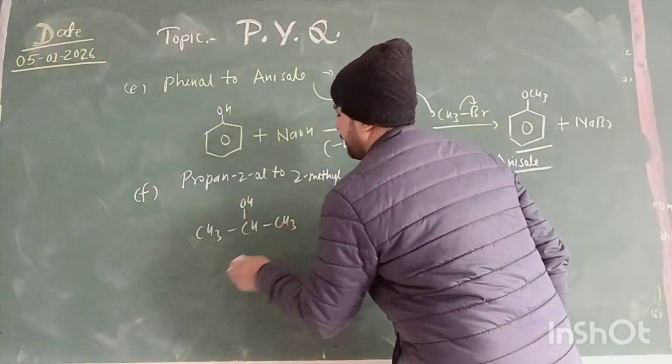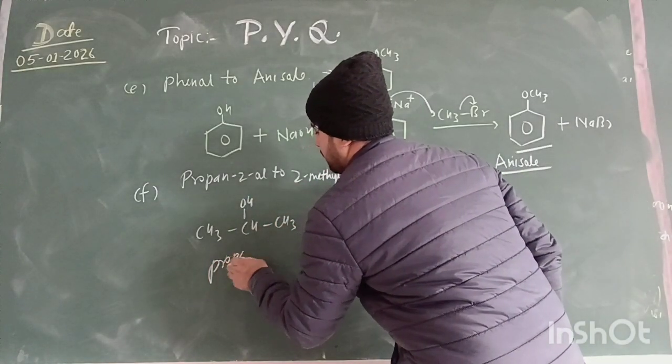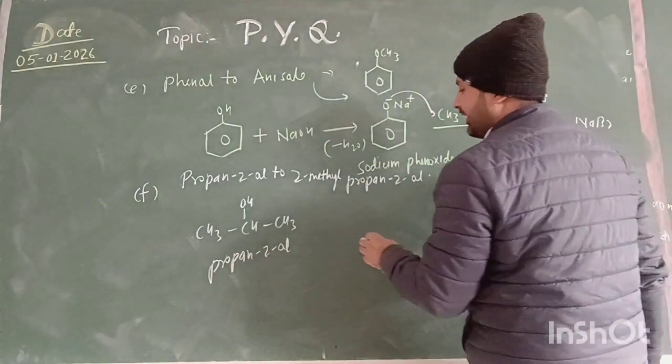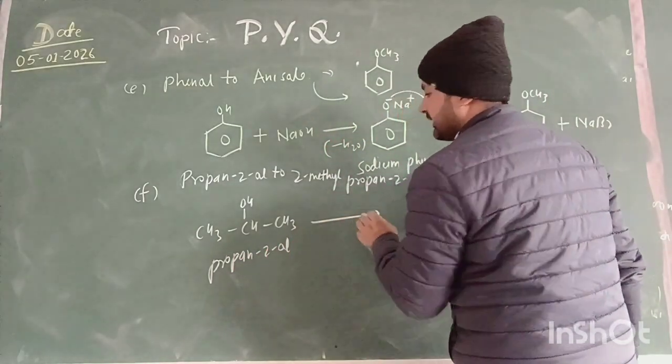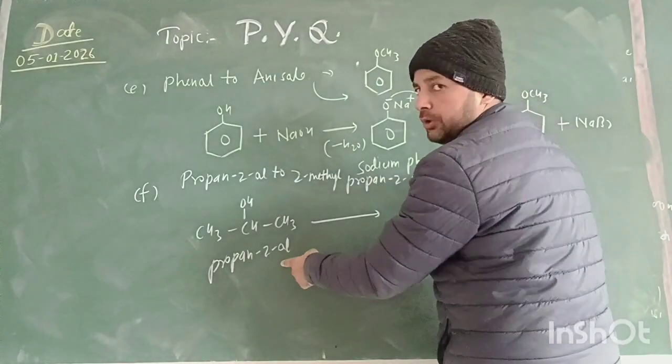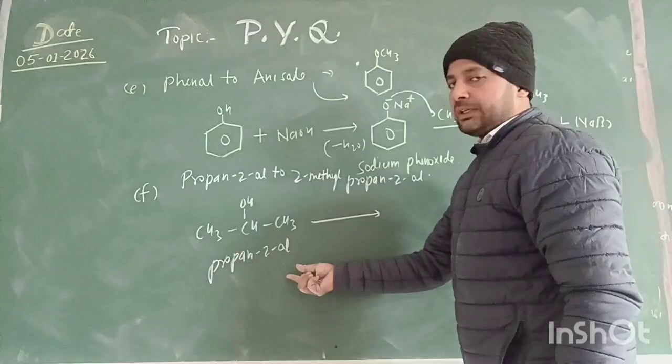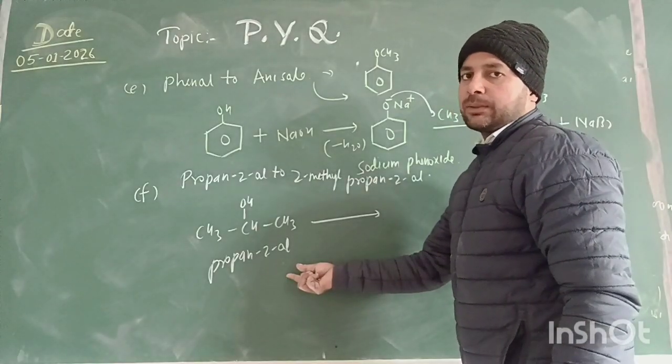This is propane 2-ol. So we have to oxidize this compound, and we all know after oxidation an alcohol will get converted into a carbonyl compound.